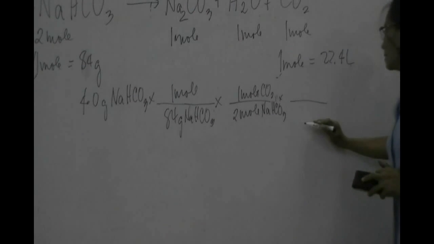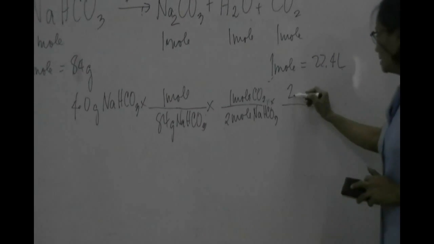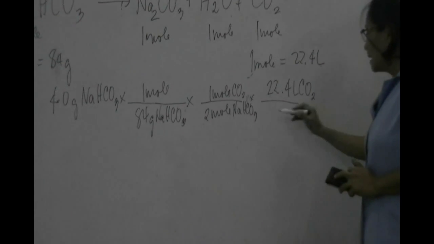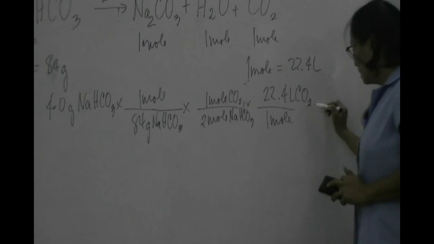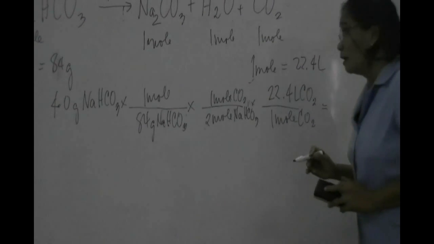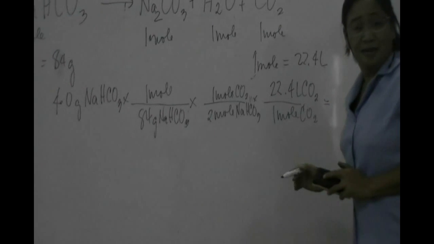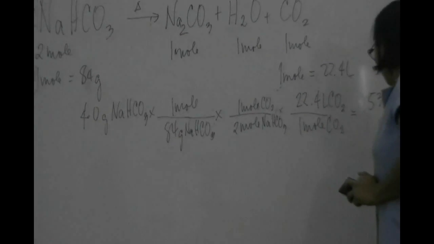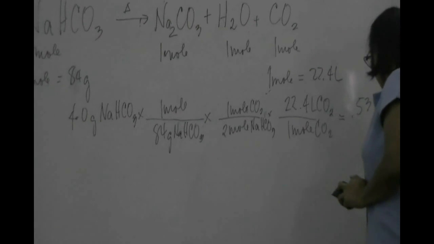We are looking for the volume of carbon dioxide. So 22.4 liters of carbon dioxide per mole is used to reach the volume of the gas. This is equivalent to 0.53 liters of carbon dioxide.